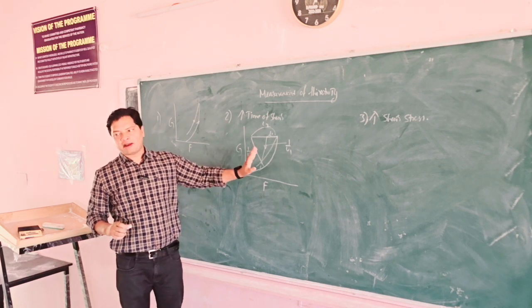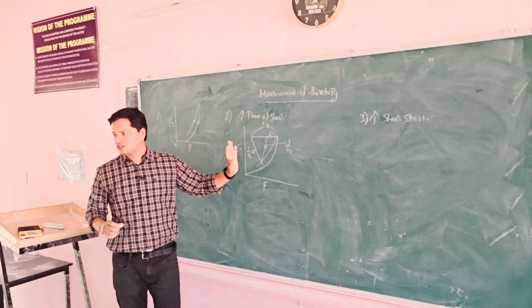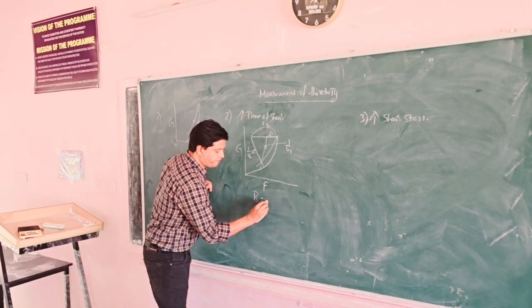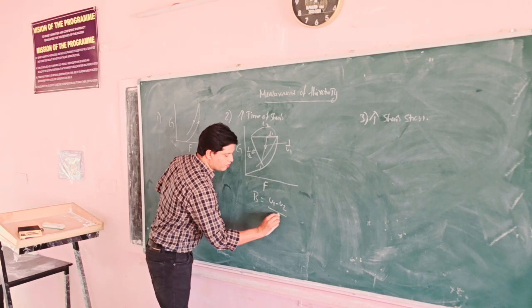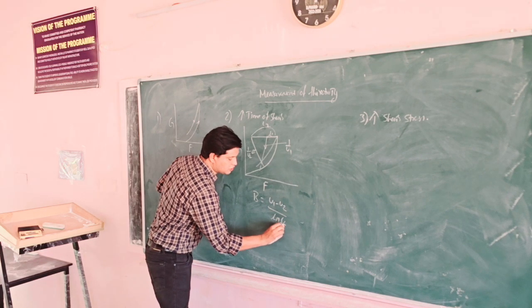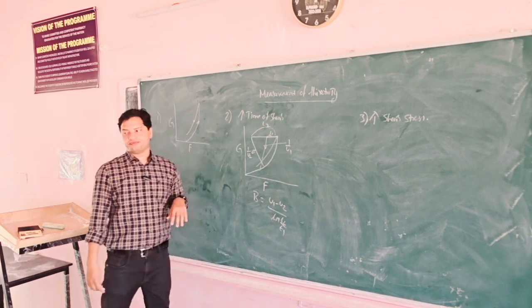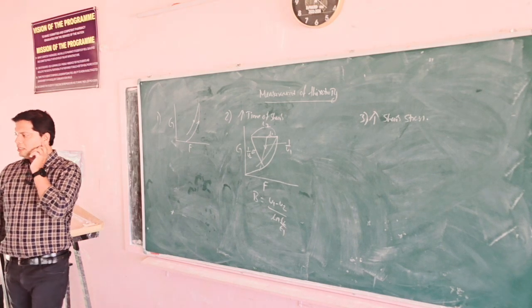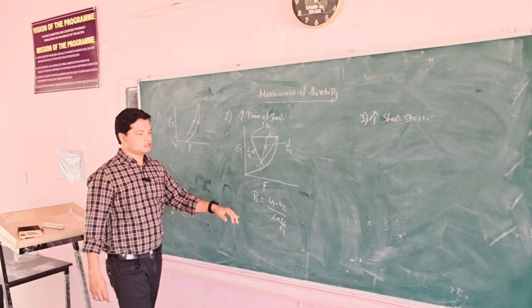Now by using formula you can find out the thixotropy. Tell me the formula, madam. V is equal to u1 minus u2 by natural log t2 by t1. By using this formula you can find out what is thixotropic breakdown.